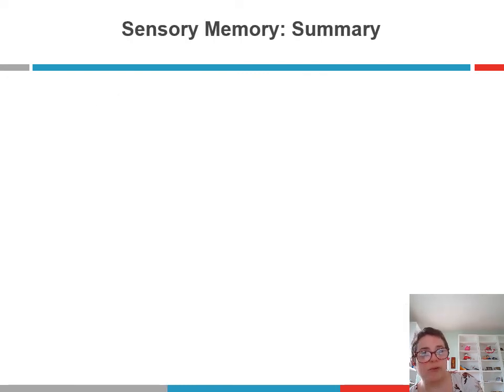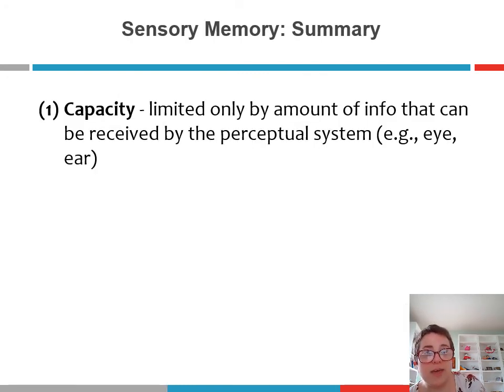Okay, so just to recap sensory memory, the capacity is limited only by the amount of info that can be received by the perceptual system, right? So another way of saying that is whatever your ears, eyes, and tactile receptors can register, that information in its entirety is going to be kept in sensory memory.